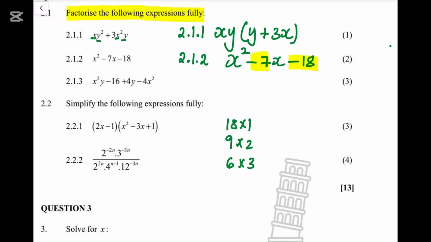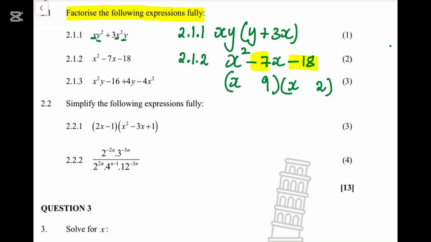So we can see that 18 minus 1 is not 7. 9 minus 2 will give us 7. So that means our factors are x, and then we have 9 and 2. Now, the middle term is negative, and the last term is also negative. So signs are different here, since the last term is negative.